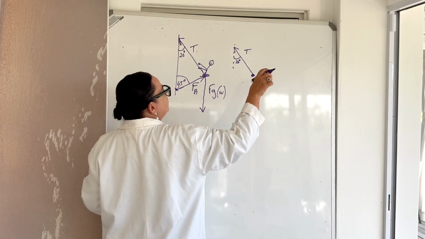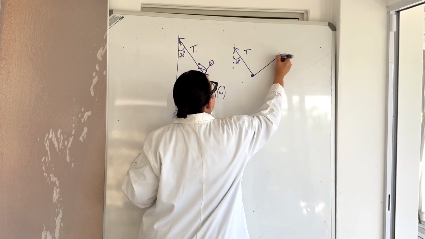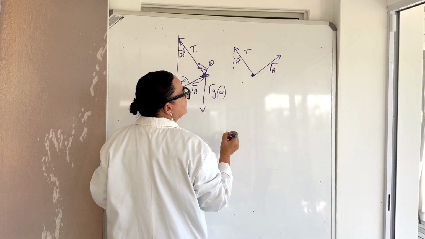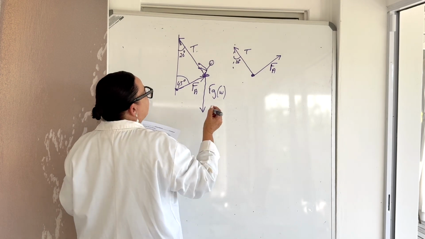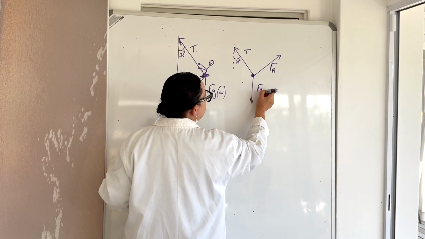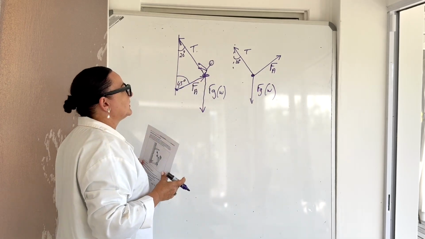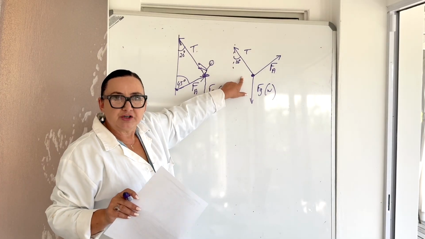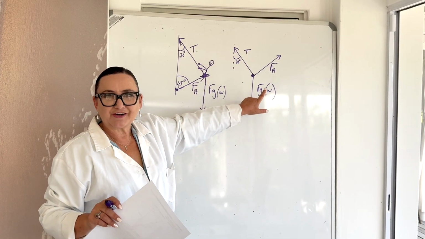That one I'm just going to move to this side to show it's working upwards, and we can say that's the applied force Fa exercised by our legs, and that is the gravitational force Fg or W straight down. So there's my free body force diagram.